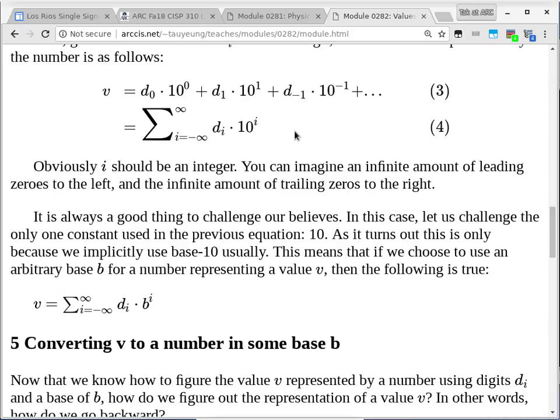No questions? All right. So section 5, which is right below this, is about converting a value V, or coming up with a representation in whatever base B we choose to use to represent a value V. So how do we do that?